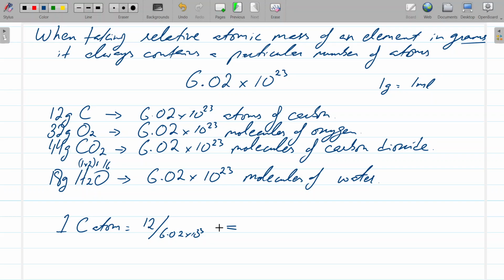That's multiplied. 6.02 is multiplied by what? 10 to the power 23. I'm finding it hard to calculate it by 10 to the power 23.